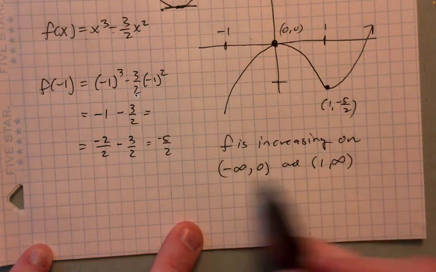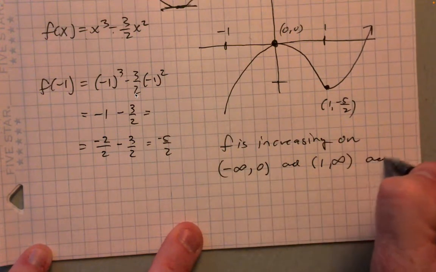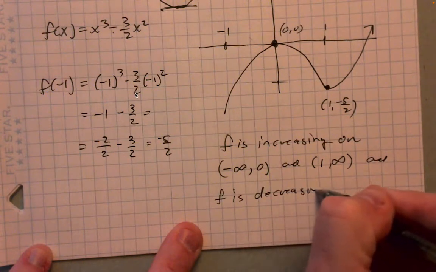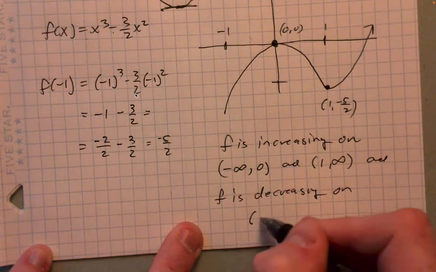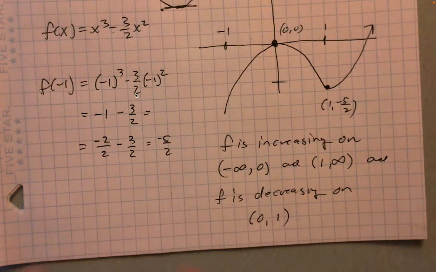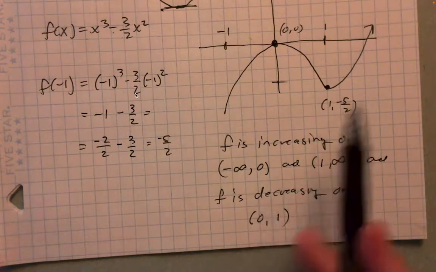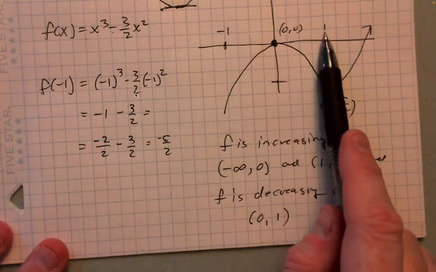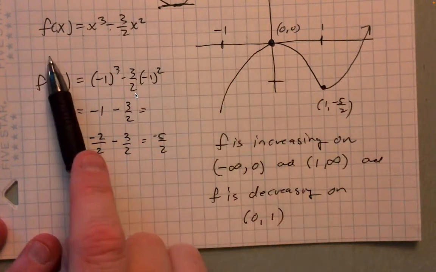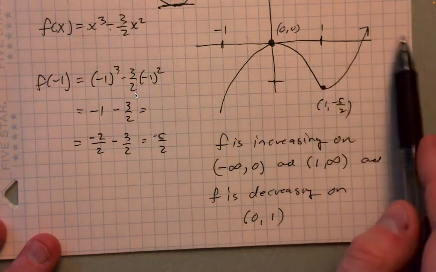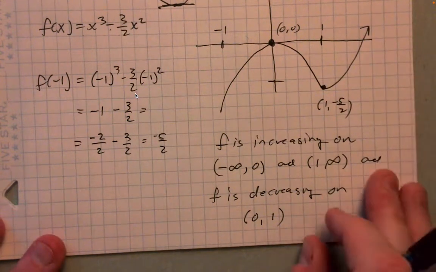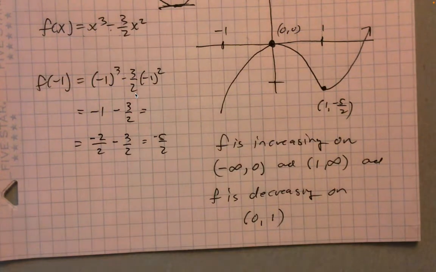So f is increasing on those two intervals, and f is decreasing on 0 up to 1. So it's decreasing from 0 to 1. It's increasing everywhere over here, and it's increasing everywhere past 1 as well. Okay, so that's the idea here.